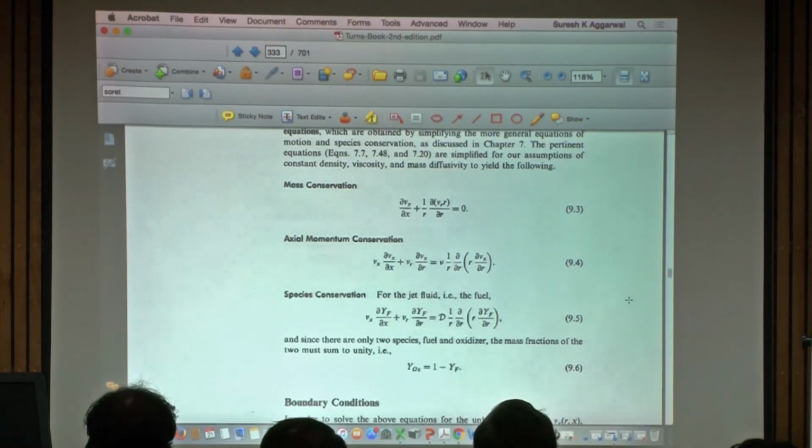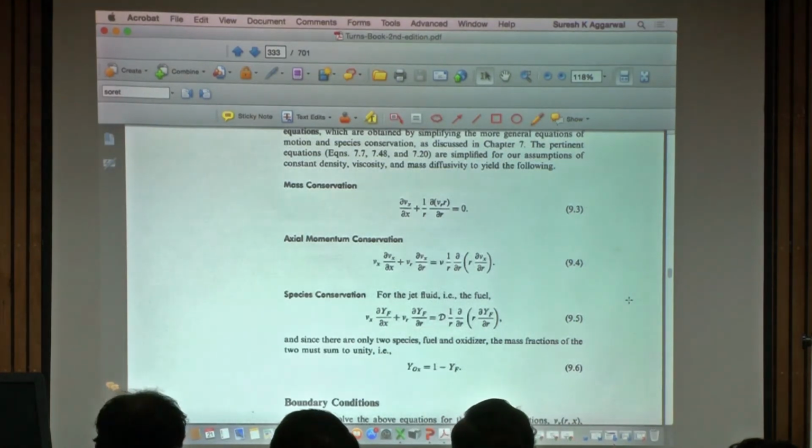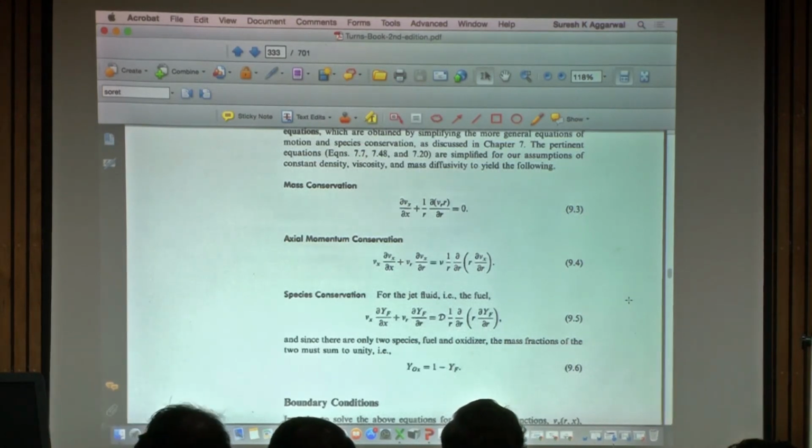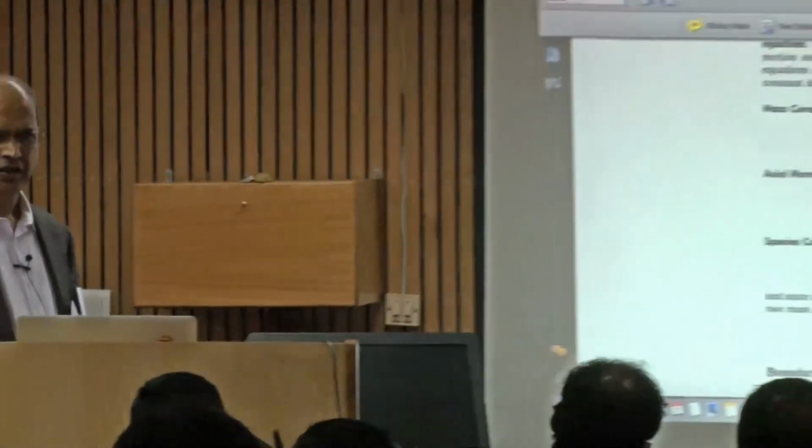So, if you want to study this in more detail, you start with the governing equations which we derived 2 days ago. Okay. Then write those equations for the cylindrical coordinates r and x. Okay. The species, momentum, and the mass continuity, those equations. And then make the assumption in the radial, the axial diffusion terms are negligible compared to the radial diffusion.